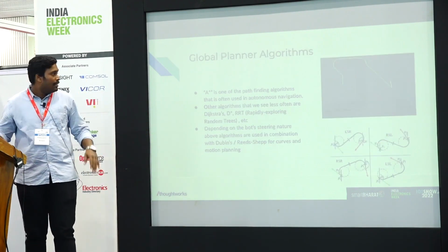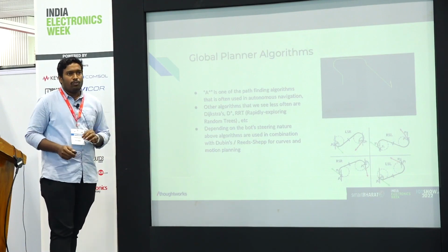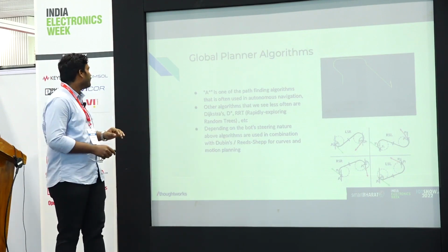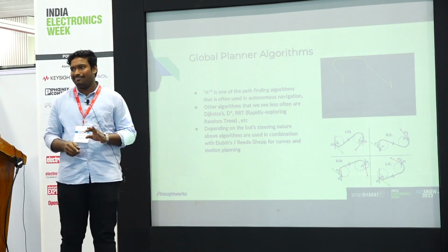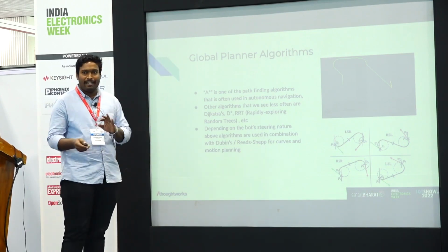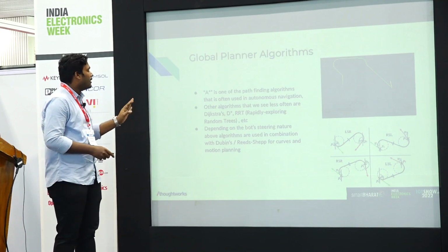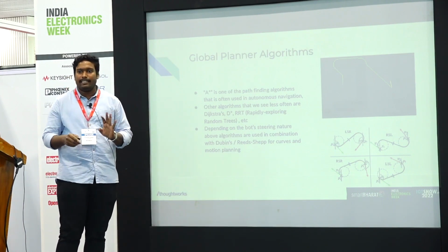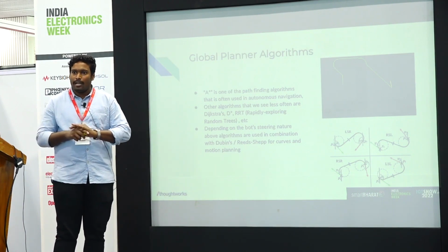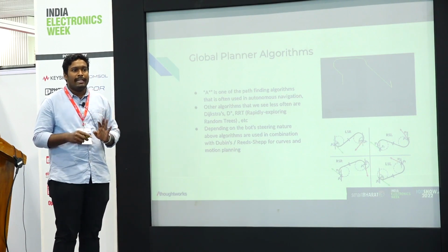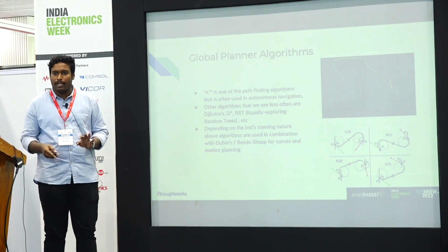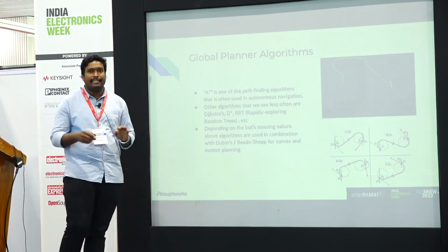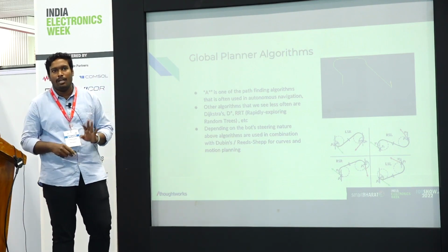You can read it. And the next thing: we talked about global planners, right? You have the information that is available in your cost map, but now you want to find the path, right? There are algorithms that find you a path in an efficient manner. A star is one of them. It's often used in robotics, and it can be used in combination with some steering models.